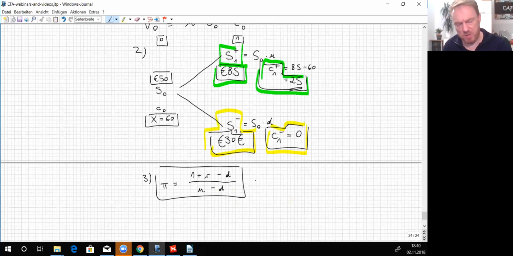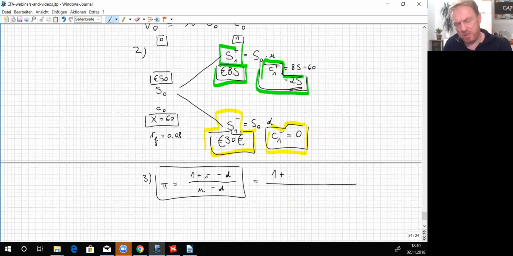That's a certain formula, and I have to say, the risk-free rate shall be 8%. So 0.08 shall be the number here.